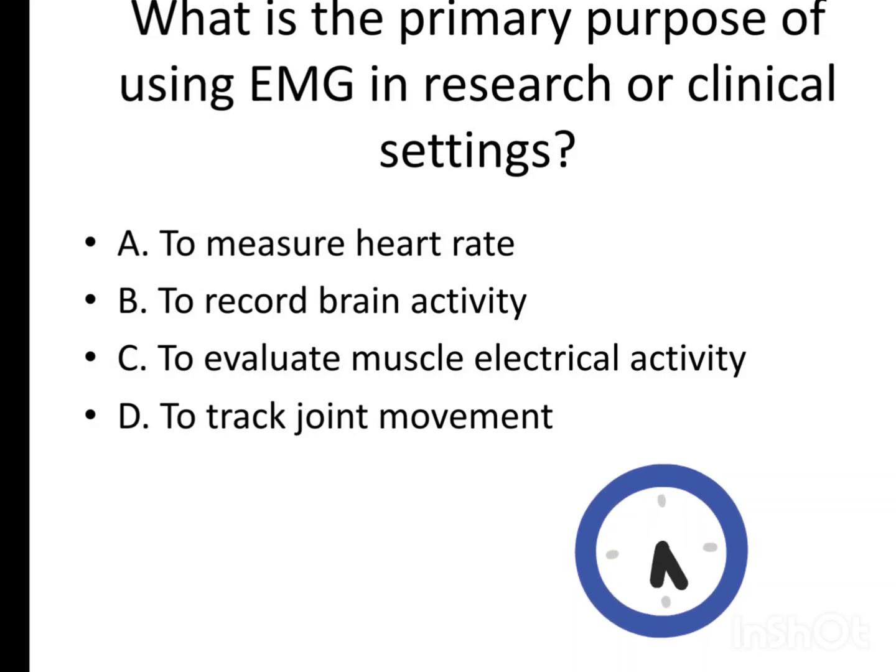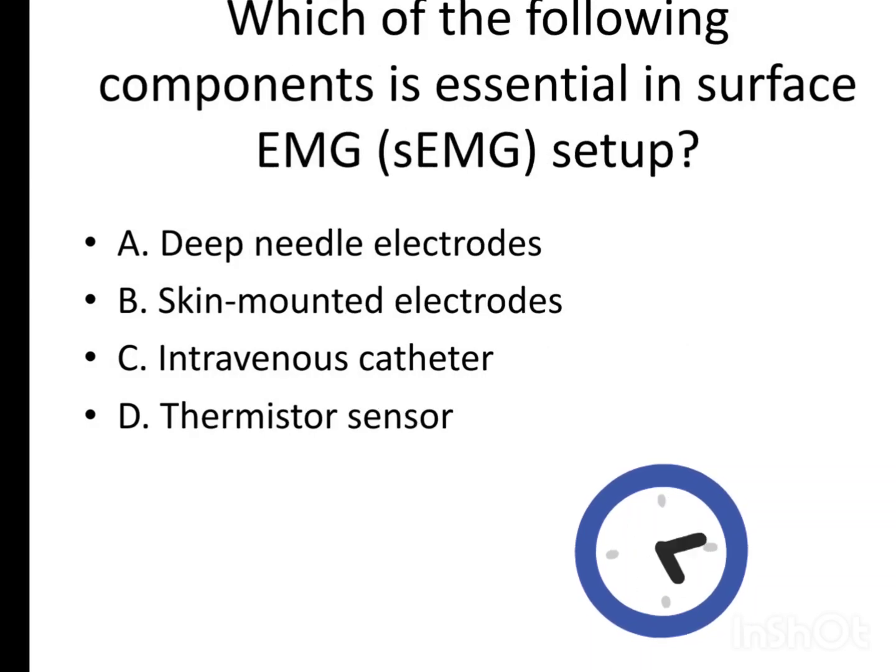There is no relation between heart rate and electromyography. Brain signal activity is measured by the EEG, electroencephalography. Tracking joint movement is not the answer. The right answer is to evaluate muscle activity, so option C is the right answer.